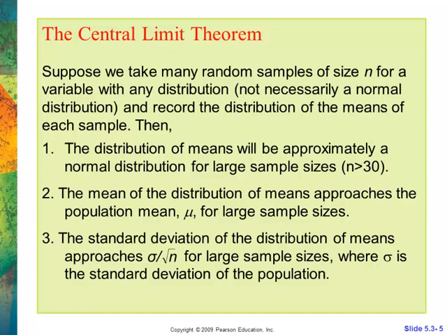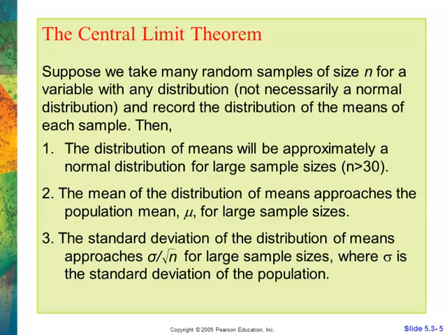So the central limit theorem has a couple of pieces. We have to have many random samples, and we take their means. Then the distribution of the means will be approximately normal for large sample sizes, and by large they mean n is bigger than 30.